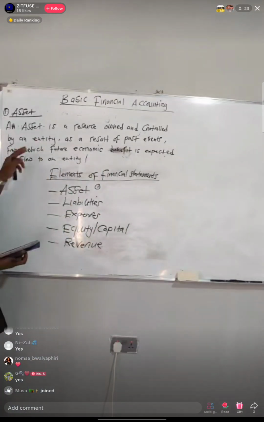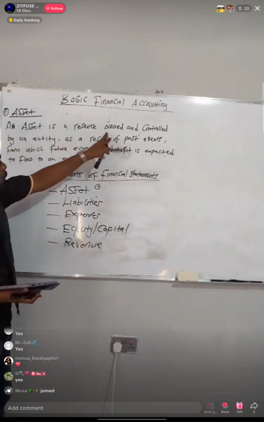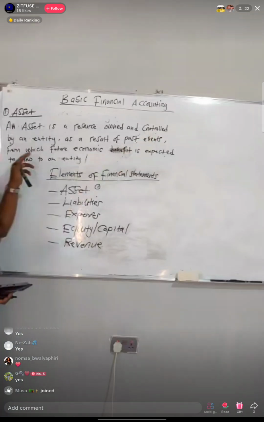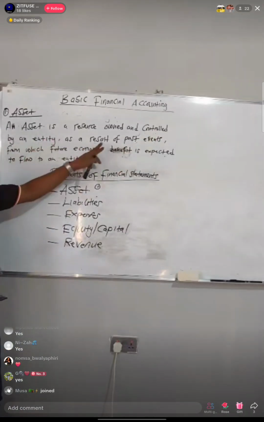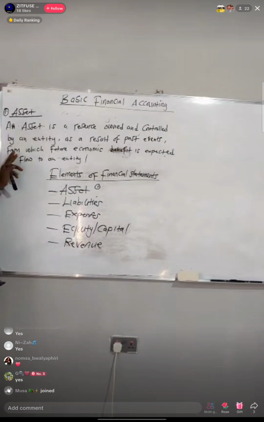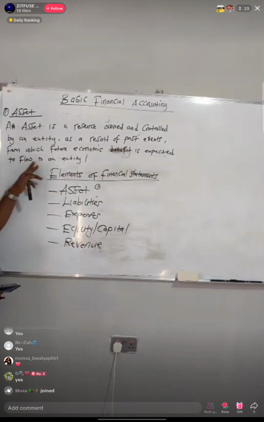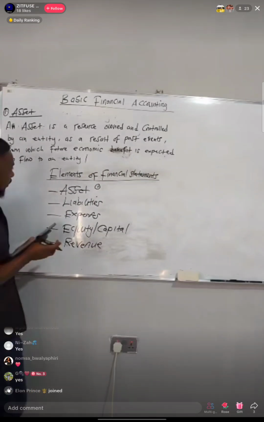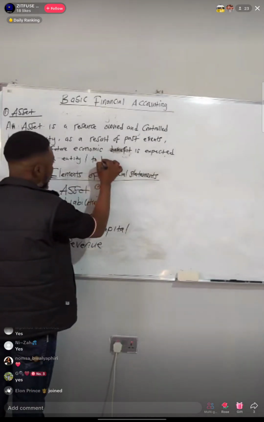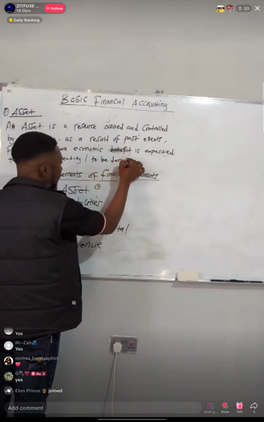So we're saying an asset is a resource which is owned and controlled by an entity as a result of past events from which future economic benefit is expected to be derived or to flow to an entity.